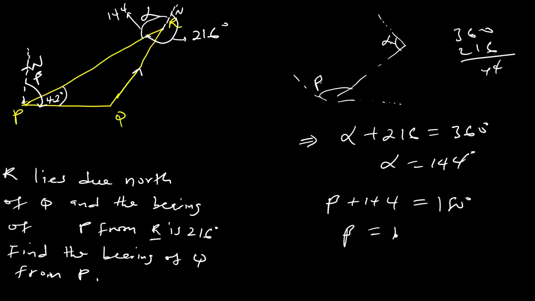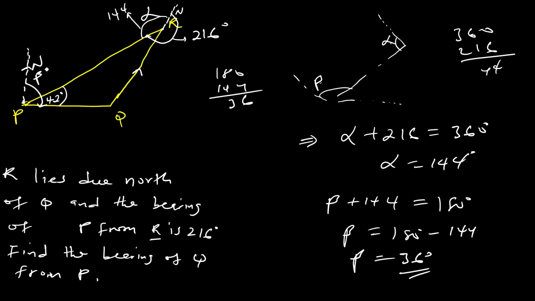So beta is 180 minus 144, which is 36. So we have 36 degrees as beta.